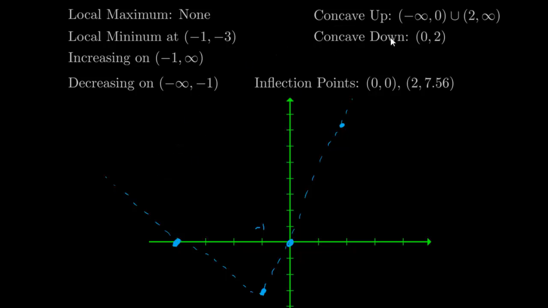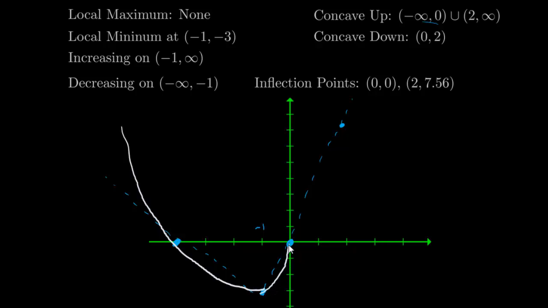So from negative infinity to 0, we are concave up, which means this whole thing right here is concave up. So let me change colors. So we're coming down, so decreasing, concave up, we hit our local min, and we're up here.